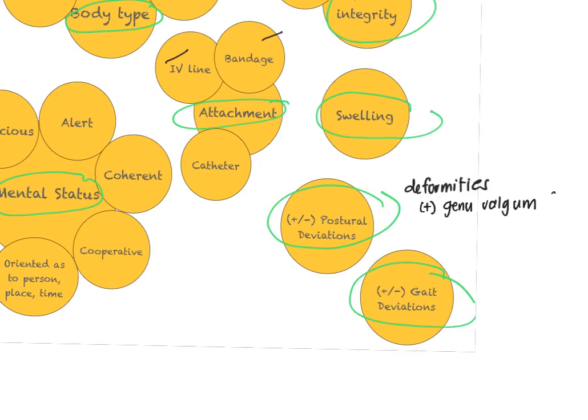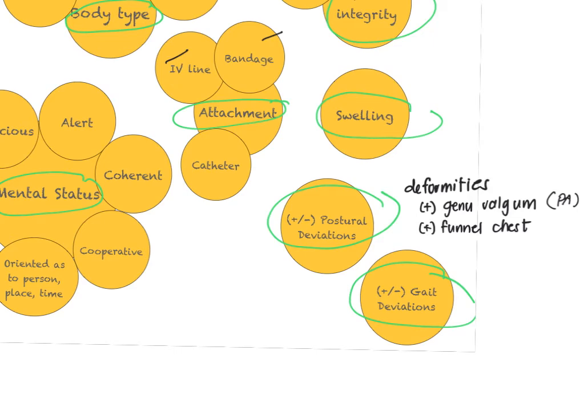Could be. Pwede rin siya sa postural analysis. Pwede rin naman, halimbawa, positive funnel chest. Okay, so papangalanan mo lang yung deformity. So it's very important that you know the name of that particular deformity.